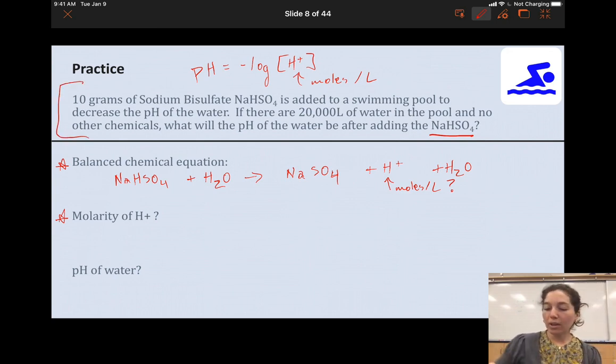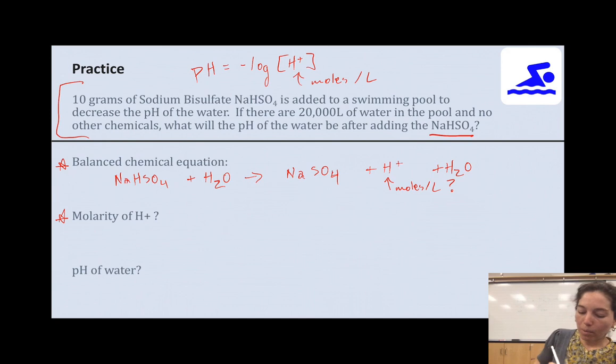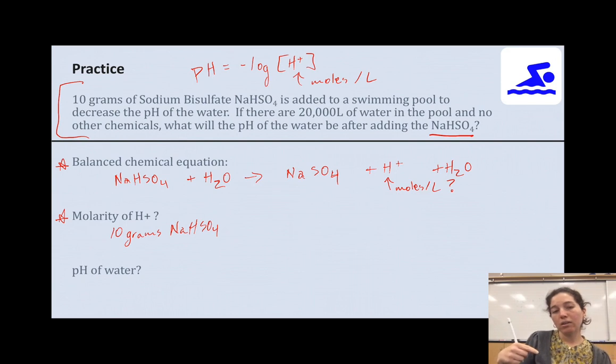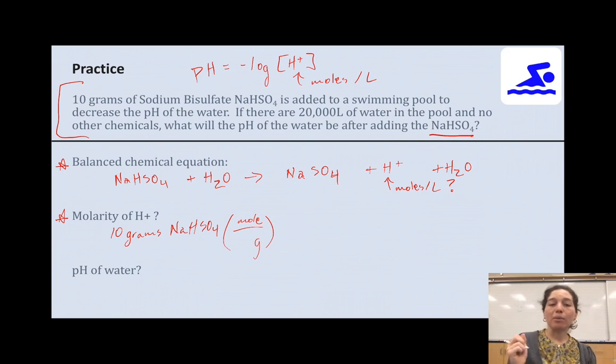You can use unit conversion to solve for this. In order to figure out the molarity of the H+, we're going to take our given value here, 10 grams of our sodium bisulfate, NaHSO4. We want to get to moles per liter, so we need to convert this value to moles. We do that using the periodic table. You'll need to go to the periodic table and find the mass of your substance in order to do this.